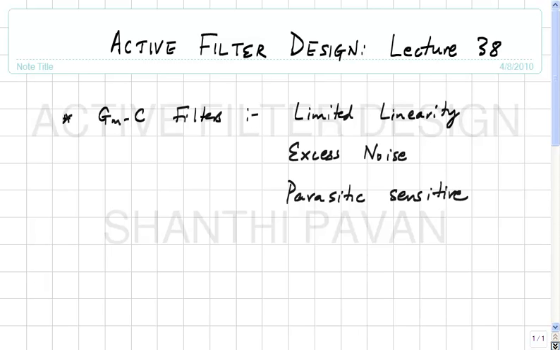So you either have to account for them, or the parasitics have to be very small, which is equivalent to saying the integrating capacitors have to be very large, which is equivalent to saying that the GM by C is small. So unless you are working at really high frequencies, you have to be careful about accounting for routing parasitics.